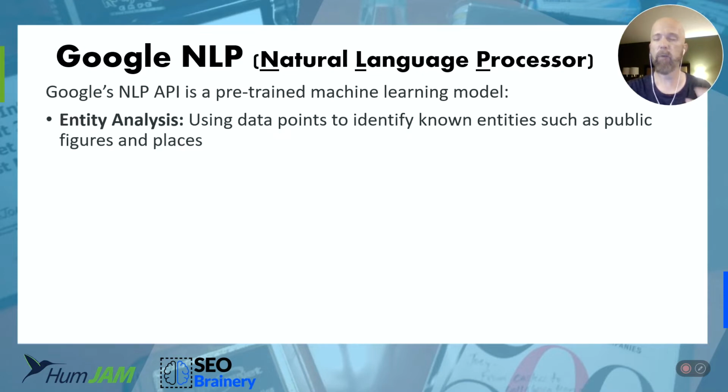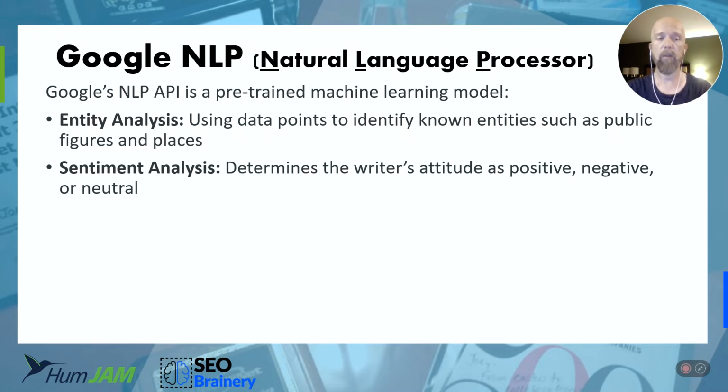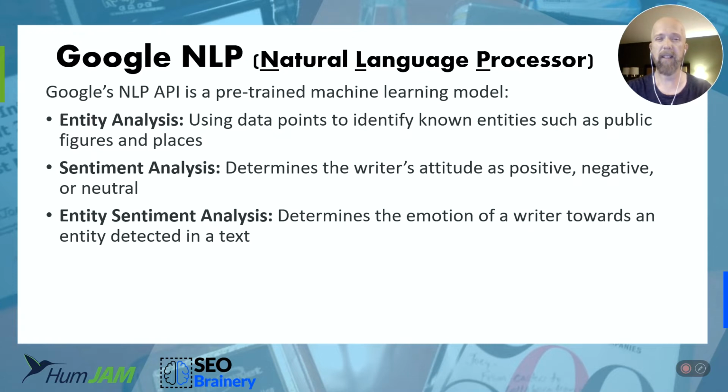Basically it's a pre-trained machine learning model that looks at all different kinds of things. It uses data points to identify known entities, like public places, figures, that kind of thing. It also does a sentiment analysis, so it detects whether you're positive, negative, any of that kind of thing. It determines the emotions towards an entity in the text.